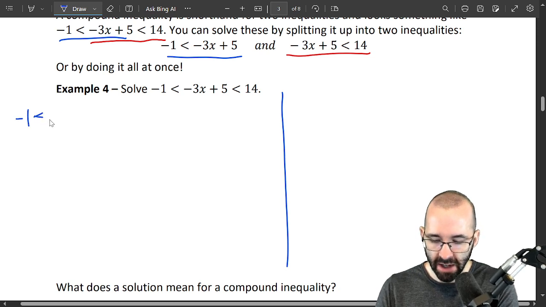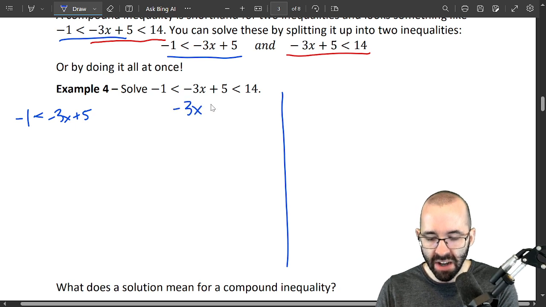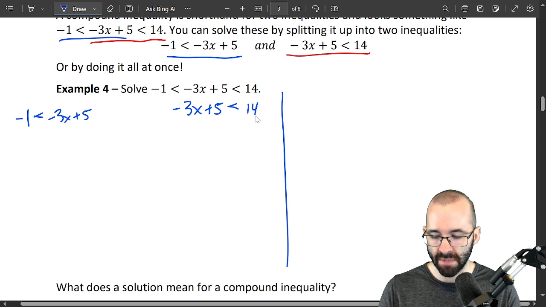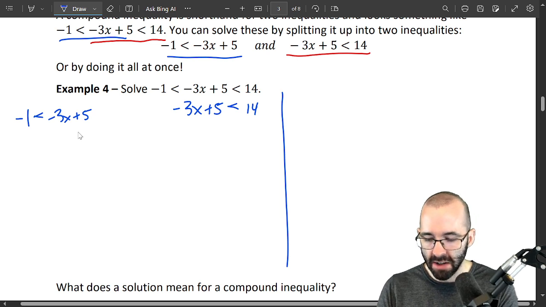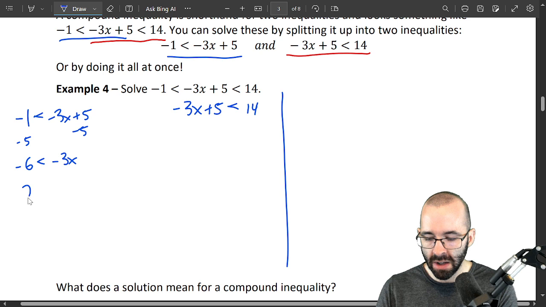-1 is smaller than -3x plus 5, and -3x plus 5 is smaller than 14. So to get the x by itself, we'll subtract 5. We'll get -6 has to be less than -3x. Divide both sides by -3.